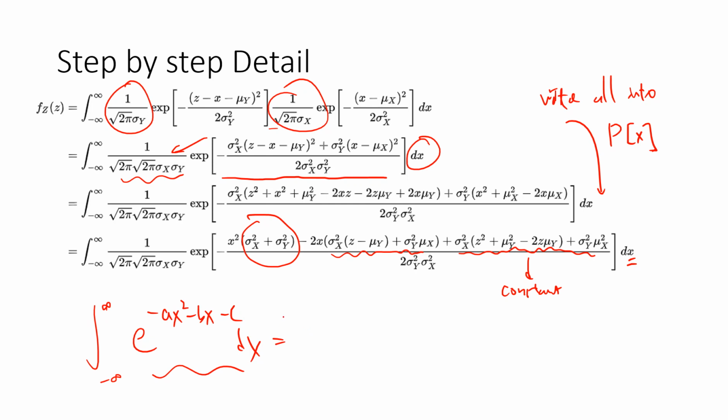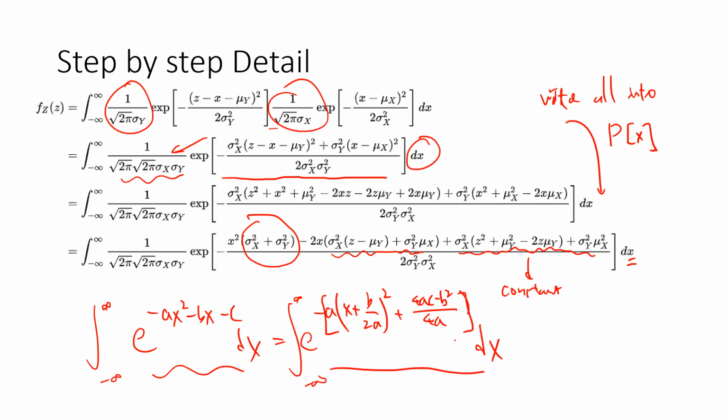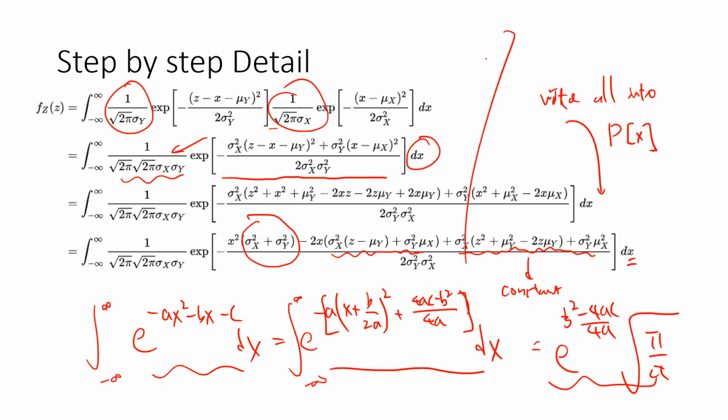This can be written as minus a times (x plus b divided by 2a) squared, plus (4ac minus b squared) over 4a, if you remember your high school results. So this is basically the exponential of negative (b squared minus 4ac) divided by 4a, times the square root of pi over a, from the famous Gaussian integral.